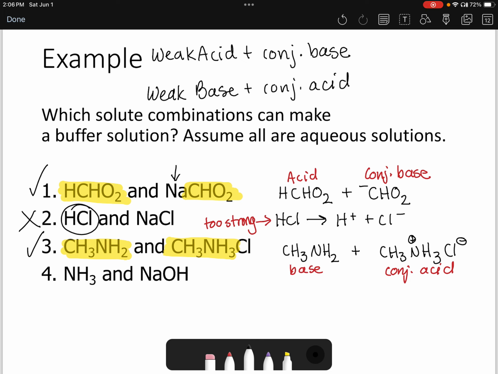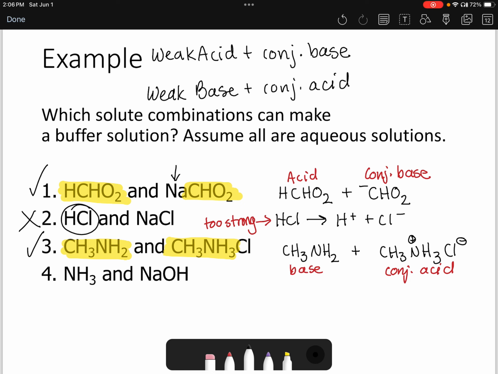All right, and then finally we have NH3 and NaOH. So right away, this doesn't really look like a conjugate acid base pair or a conjugate base acid pair.